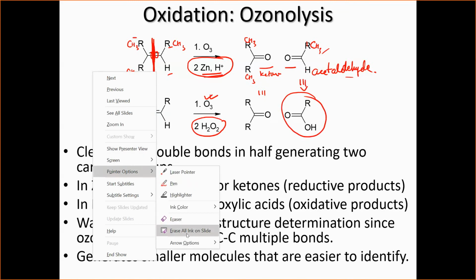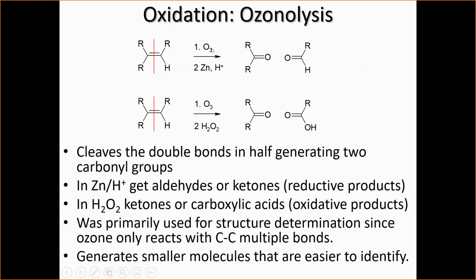In this reaction, ozone and zinc will form ketone and aldehyde, or ketone and ketone, or aldehyde and aldehyde. Whereas in the case of ozone with hydrogen peroxide, a ketone remains a ketone, but if there is an aldehyde, that aldehyde will change into the carboxylic acid.